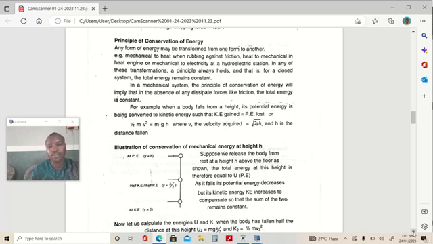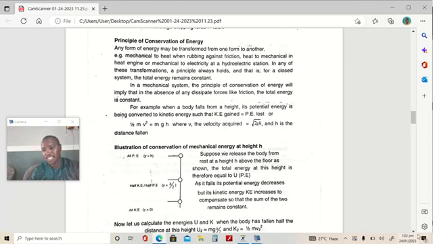In any of these transformations, a principle always holds, and that principle says for a closed system, the total energy remains constant. In a mechanical system, the principle of conservation of energy implies that in the absence of any dissipative forces like friction, the total energy is always constant.